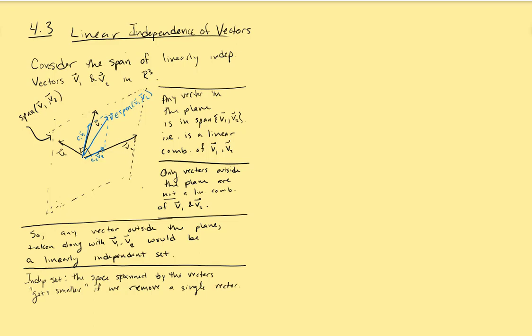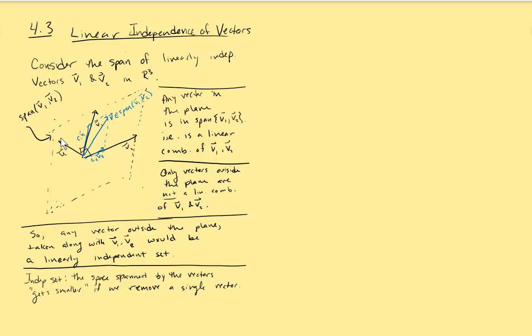Right, in the example we mentioned above, taking v1 and v2 along with this u that points outside the plane, that's three linearly independent vectors. But if we got rid of just one of those, say this u out here, the space that we can span with the remaining vectors gets smaller. We're trapped in the plane now if we get rid of u. But so long as we have u, we could describe anything in the plane and anything off the plane in the direction of u.